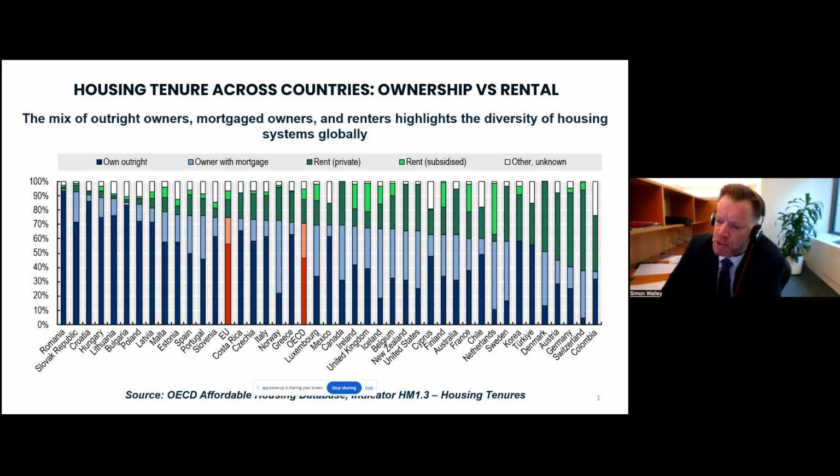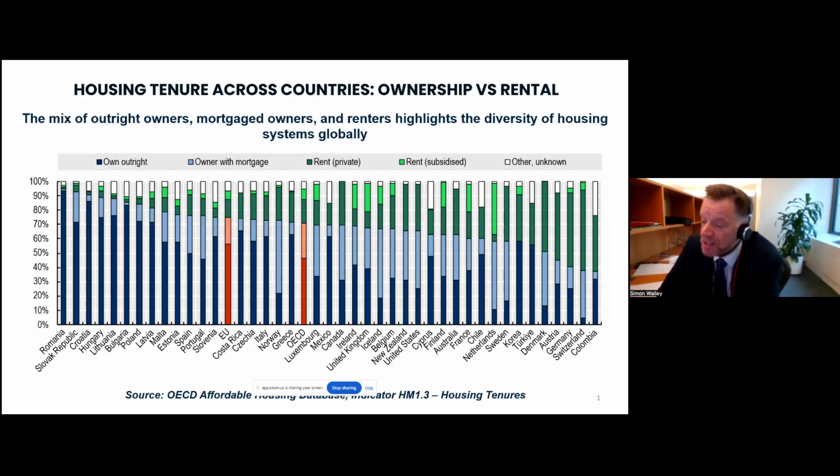On the one side, you have many of the former Soviet countries where you had the mass privatizations in the early 90s. And so countries like Romania or even Ukraine, where I'm working at the moment, I think they've both got 90% plus home ownership rates.